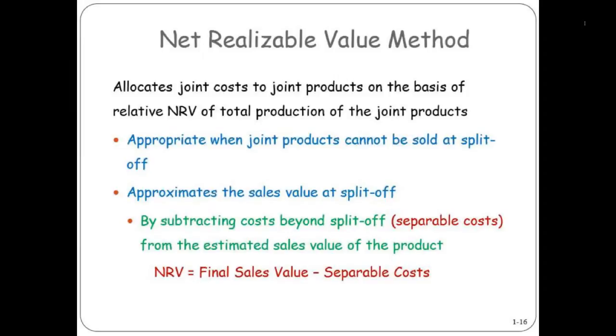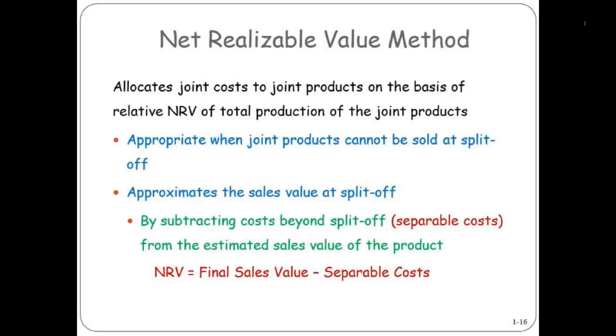The net realizable value method. Sometimes you don't have a value at split-off. What you need to do is look at the end value of your product. So it's split off. You do some additional processing on each of the individual products, or one of the individual products, if not both.